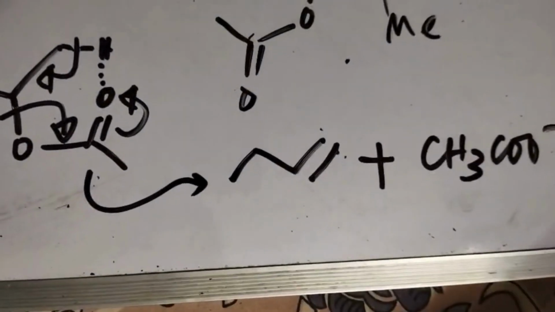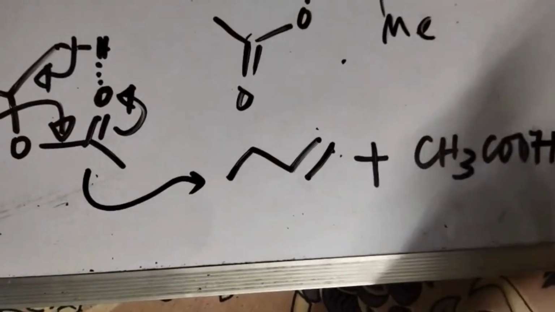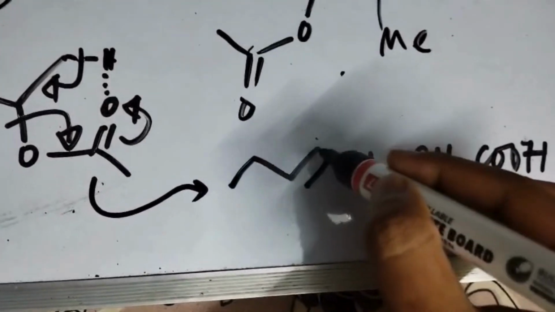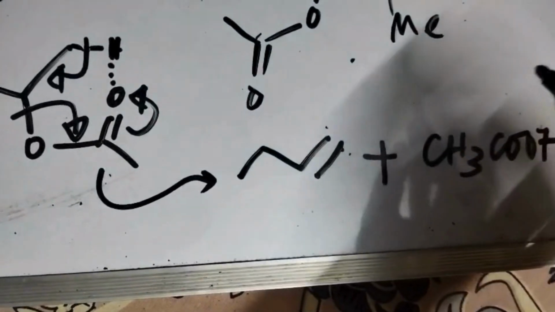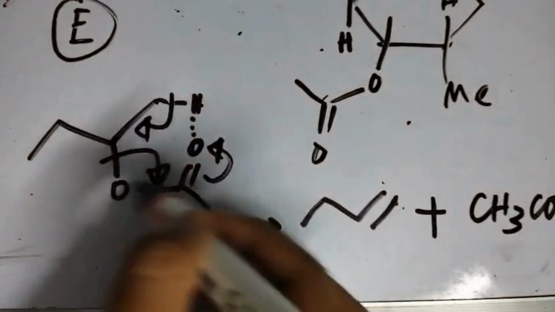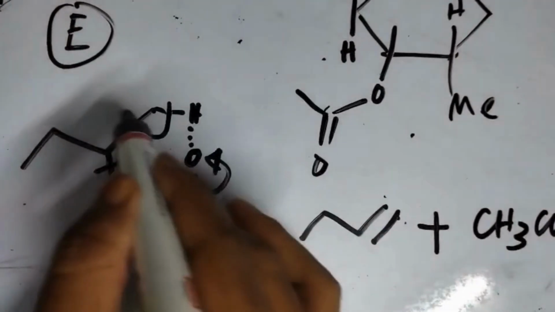So on heating we get the elimination like this, and we get CH3COOH. So there is an elimination, which is rather like a Hofmann elimination, and this occurs because of the formation of a 6-member cyclic transition state, which involves the removal of the most acidic hydrogen present in the molecule.